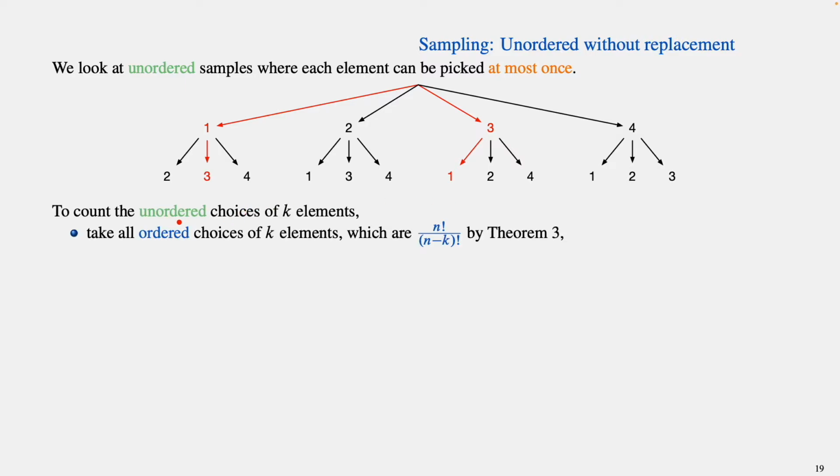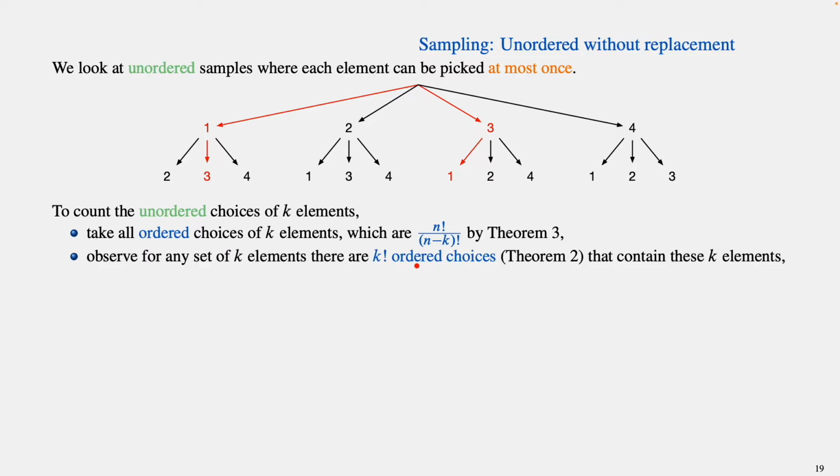Now, to count the unordered choices of k elements, we take all the ordered choices of k elements, which by theorem 3 we have seen to be n factorial divided by n minus k factorial. And then for each of these choices which contain the same elements along the path, there are k factorial ordered choices because we can permute the elements in each of these paths.